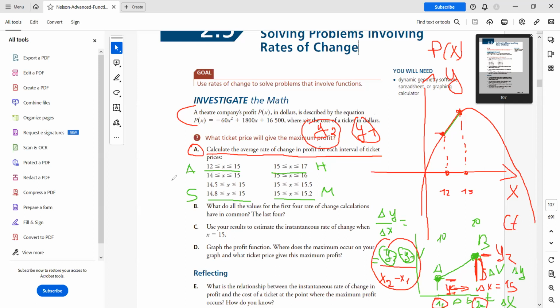For example, for Muhammad, this is your problem, from 15 to 15.2. So first, x1 equals 15 for you. x2 equals 15.2. These are the two points that you're investigating. Between these two points, you're calculating the average rate of change.